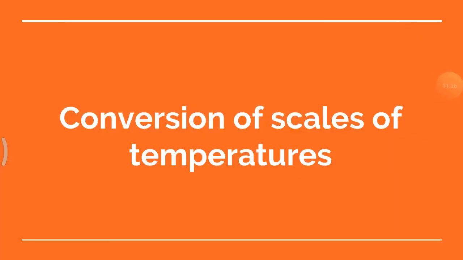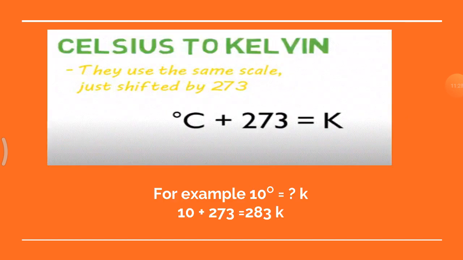Conversion of scales of temperature. We know that there are three kinds of scales present on thermometers. Now we have to understand how we can convert Celsius to Kelvin. They use the same scale just shifted by 273. For example, how can we convert 10 degrees centigrade into Kelvin?